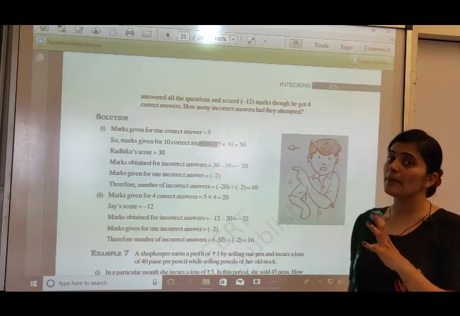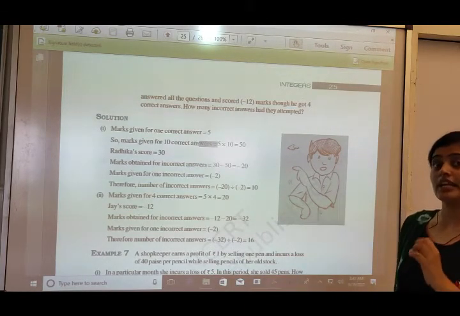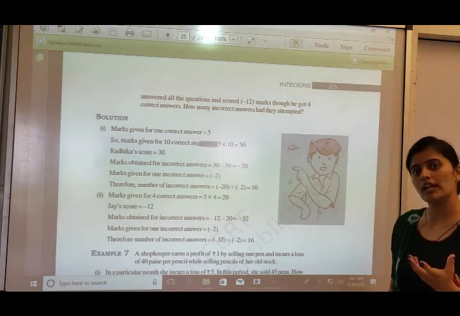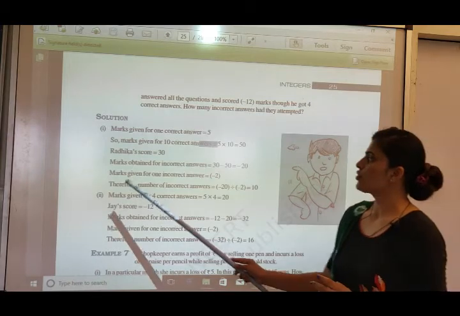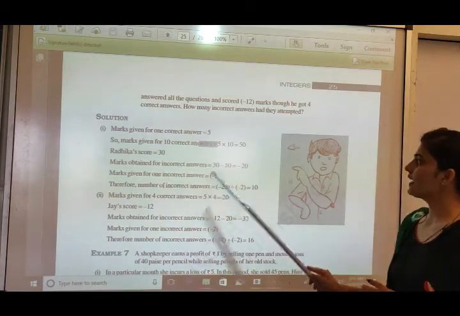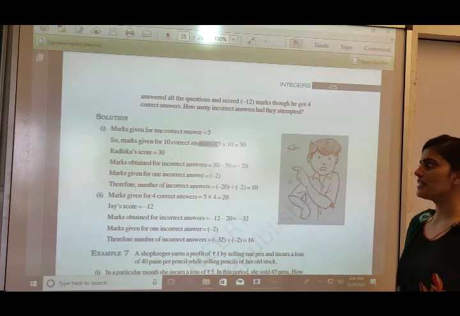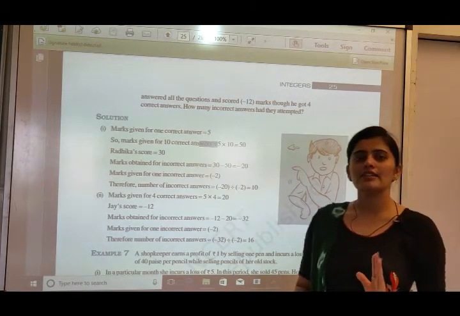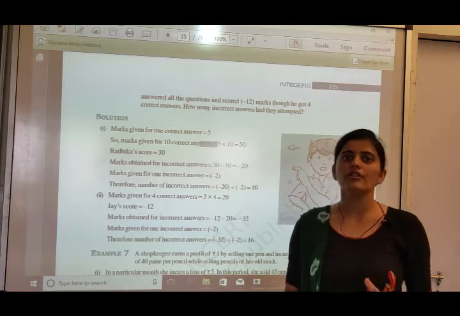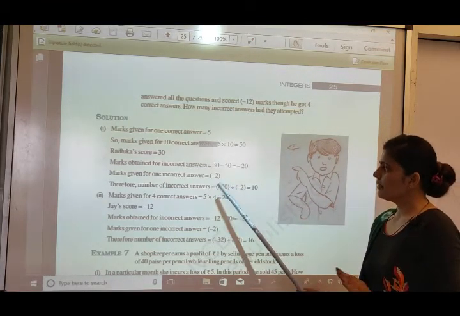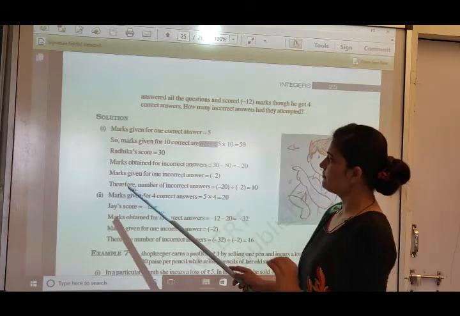These are only marks. But what we need? We need the number of incorrect answers. So what we will do? We will go for division. So marks given for one incorrect answer will be minus 2. Now we already know that for one incorrect answer, minus 2 marks will be deducted because negative marking is there. So minus 2 will be deducted from the total marks.